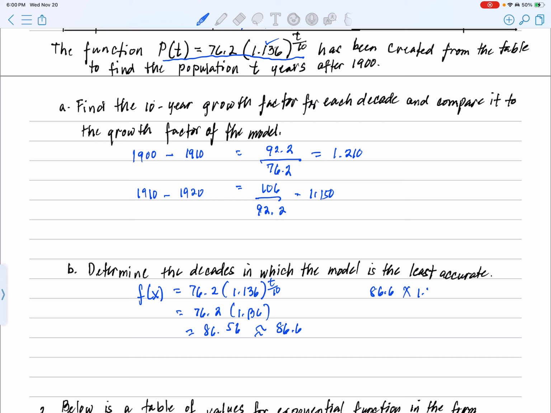I'm not going to use the x, just have the parentheses. Still between 1910 to 1920, it's 10 years, so 10 over 10. When we have 10 over 10, that's still 10 to the first power. So the result to that, we have 98.3.